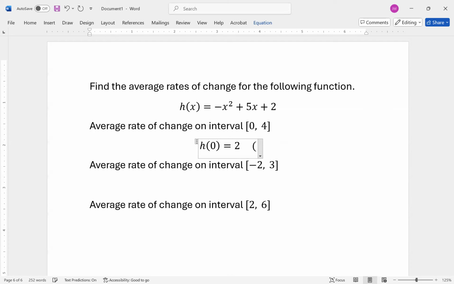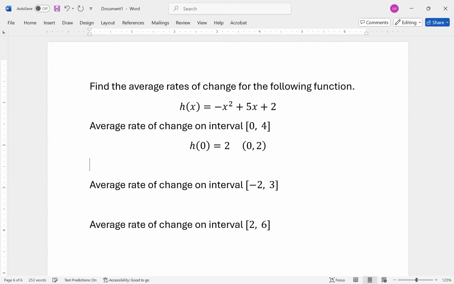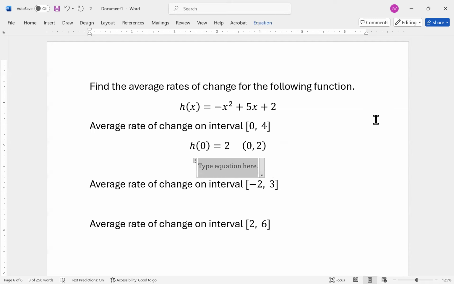So I know that the first point, which I'll call point 1, is the point (0, 2). The second point I get by plugging in 4. That's negative and then parentheses 4 in my parentheses and square it, plus 5 times 4 plus 2.